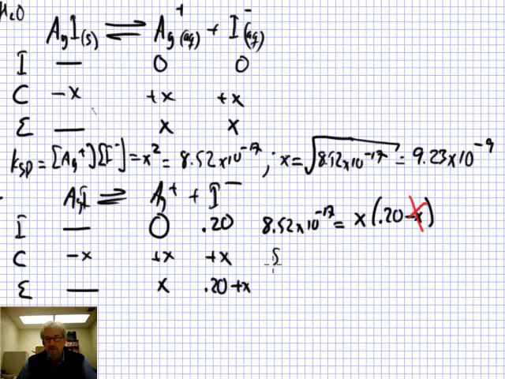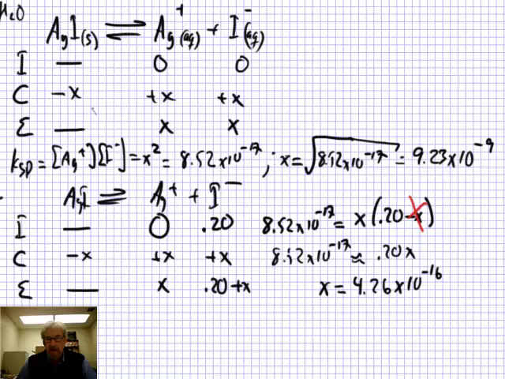So that means 8.52 times 10 to the minus 17th is probably about equal to 0.20 times X. So we can find X by dividing both sides by 0.20, and that gives us 4.26 times 10 to the negative 16th.